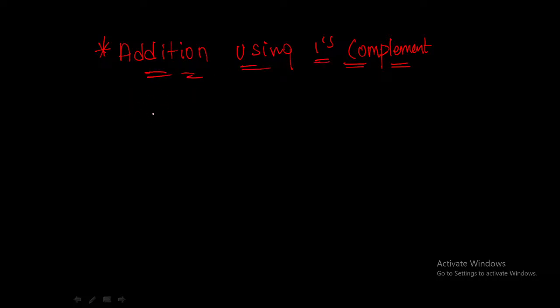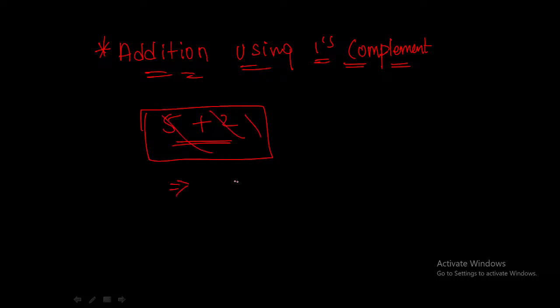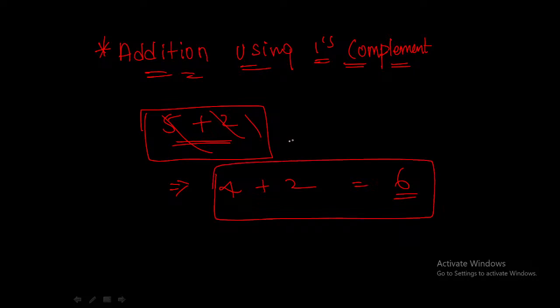Let's say we have two numbers, 4 plus 2. The result will be 6, we know. So how to add these two numbers using 1's complement representation?